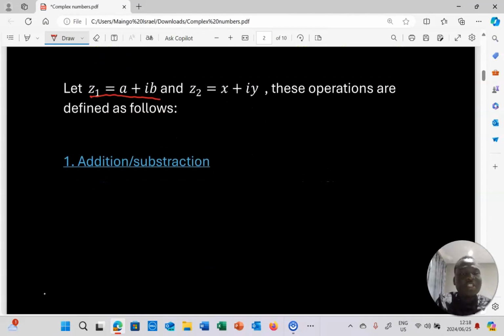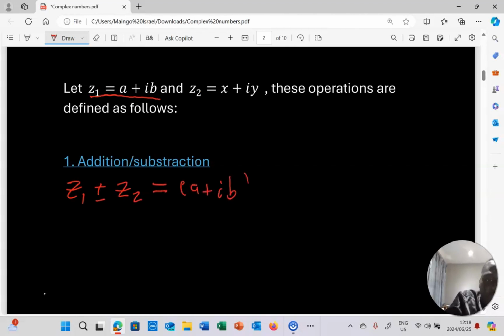Let's talk about addition and subtraction. z1 plus or minus z2 can be written as a plus ib plus or minus x plus iy.